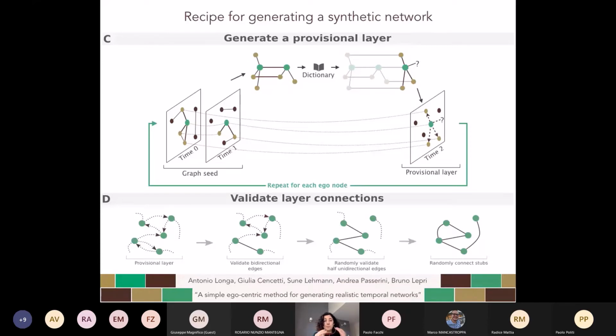Okay, so first of all, we validate all the bidirectional links, those which represent reciprocal requests. Then for the unidirectional ones, we validate half of them by choosing at random. And then in the last step, we connect the stubs.